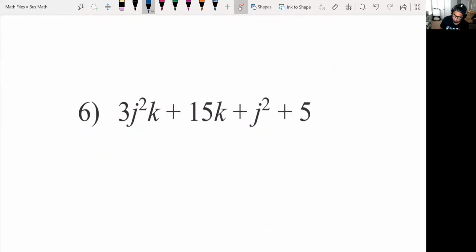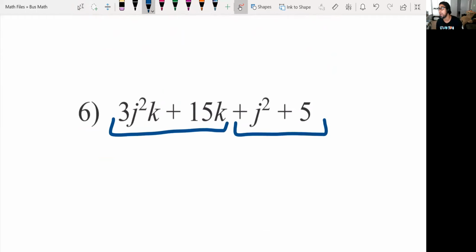Six. Just jump straight into it, right? Group and group. Okay. Well, first one, 3 and 15. I can take out a 3. I have a j, but no j over there.